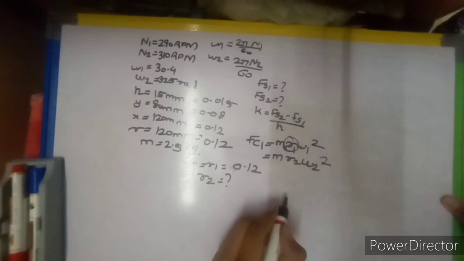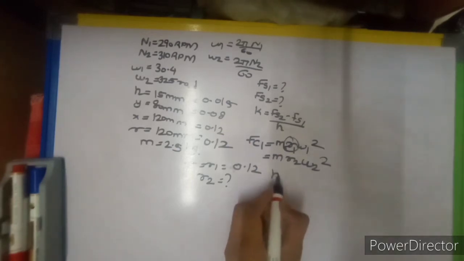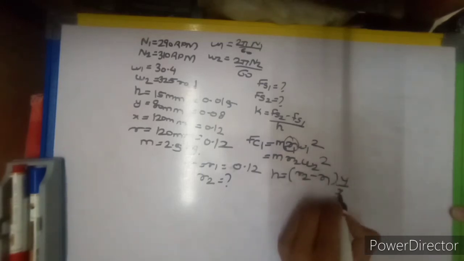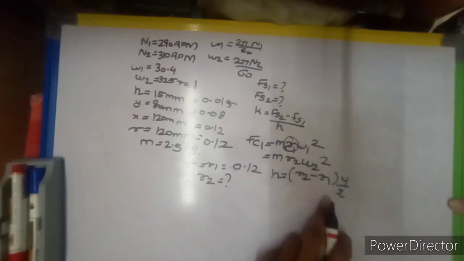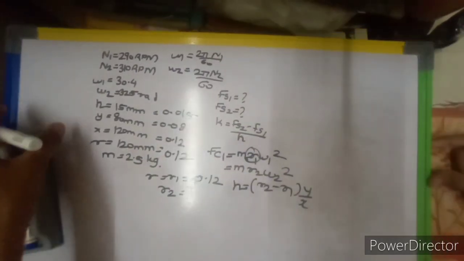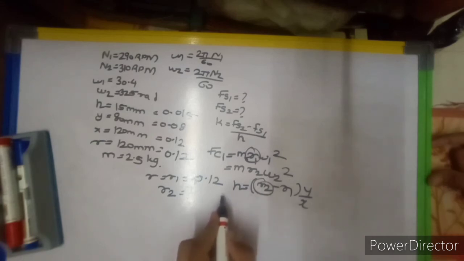How will we find r2? We derived an equation, that is h is equal to (r2 minus r1) into y by x. If you don't remember, you can see my derivation of the Hartnell governor. By this you can find r2.